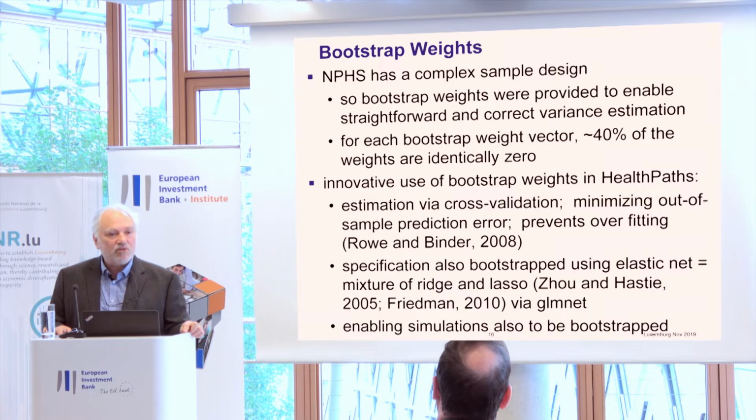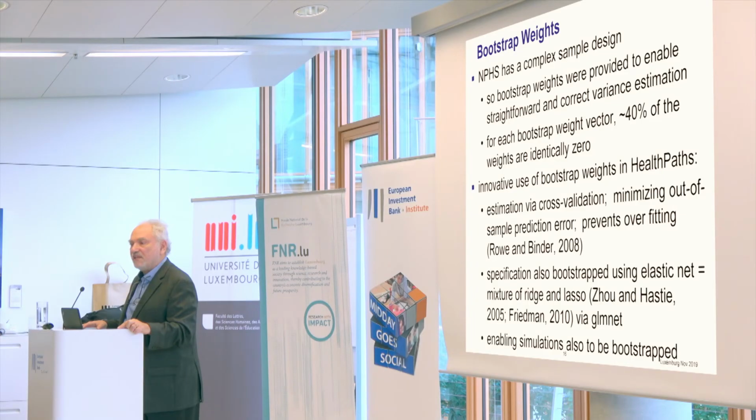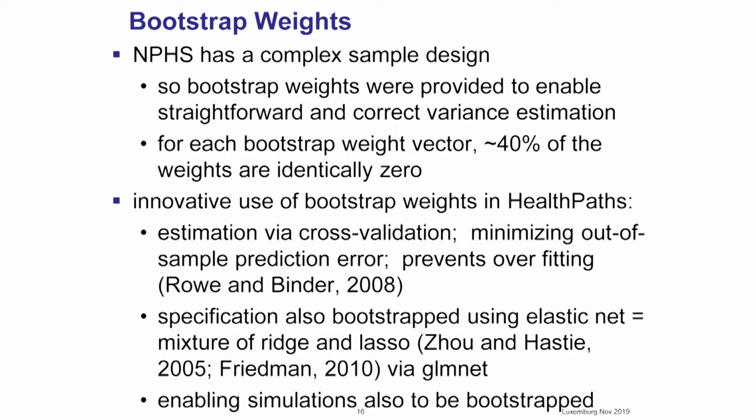So in order to enable users to estimate the variability, the variance in anything they produce, the survey has 500 different weight vectors. In each of the weight vectors, 60% of the records have a non-zero weight, and 40% don't. So the weight is identically 0.